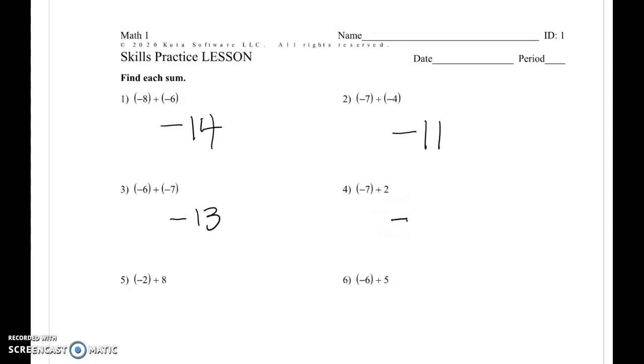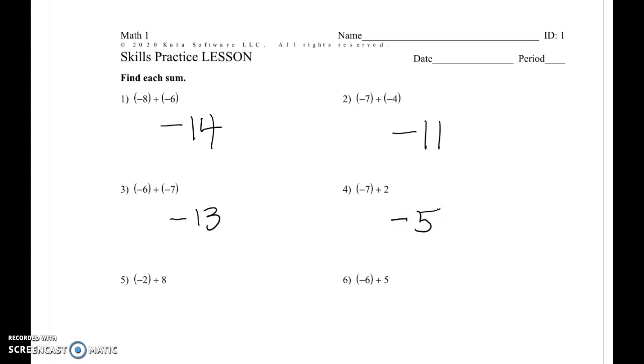Now to find the number part of our answer, we take those same two numbers, 7 and 2, and we subtract them. This is how we find the number part of our answer. So 7 minus 2 gives us 5, and that is the number part of our answer.